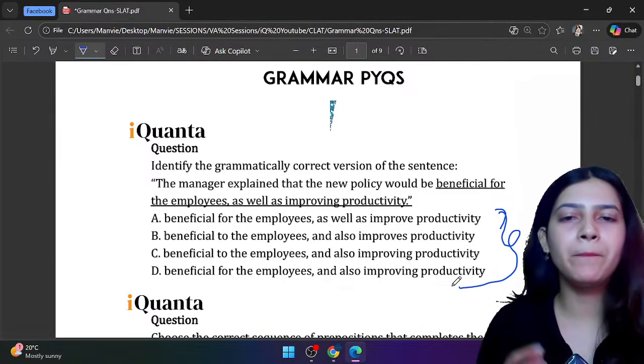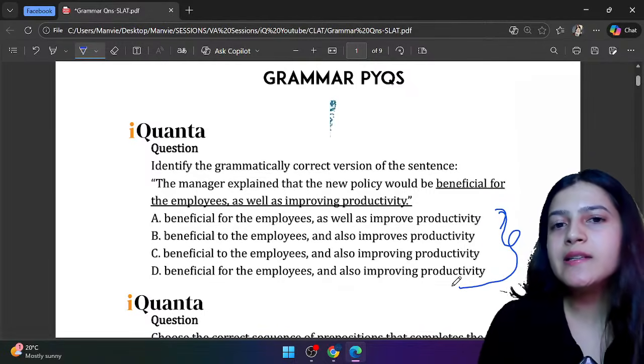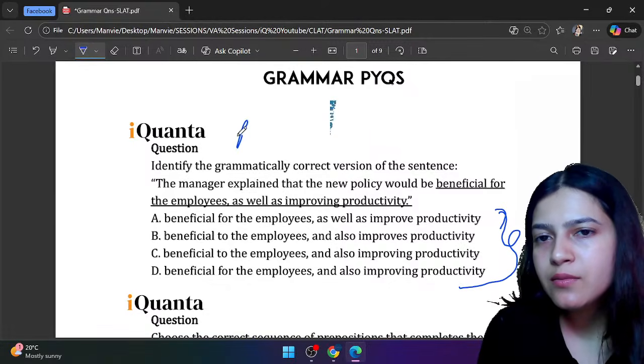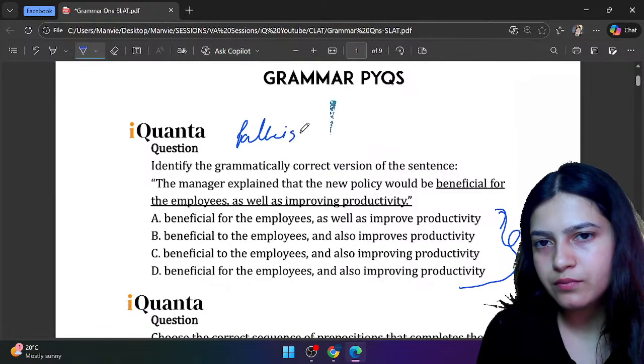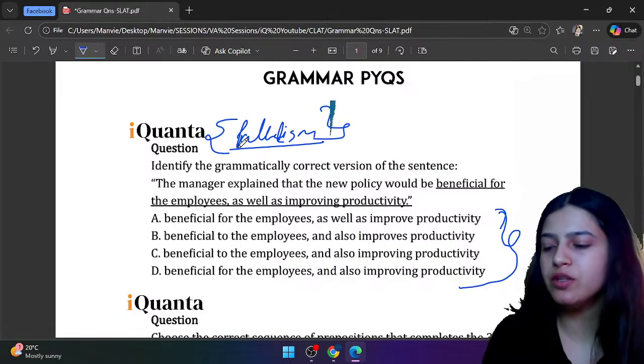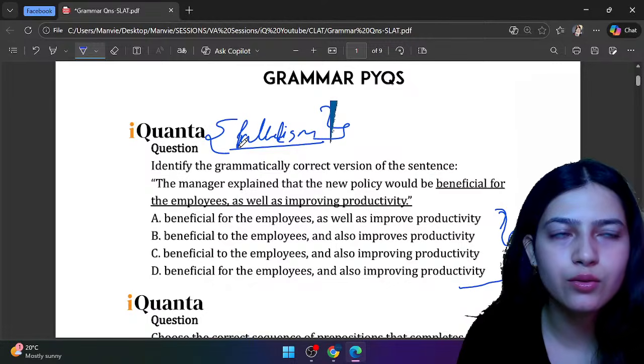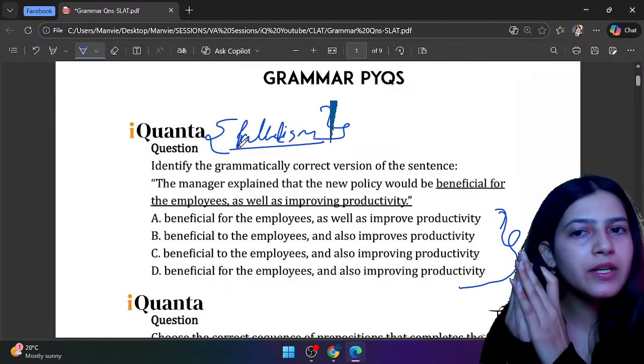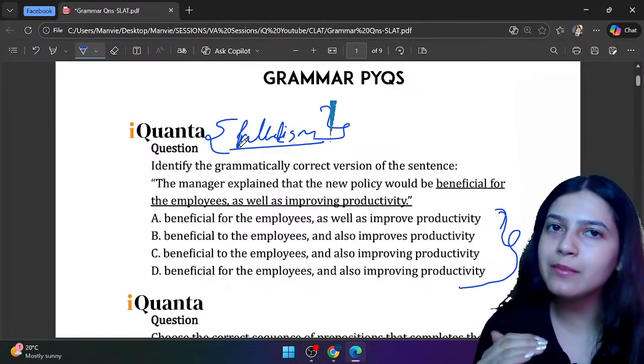Okay, so this is basically a parallelism related question. Parallelism tells you that a particular sentence has the same structure.